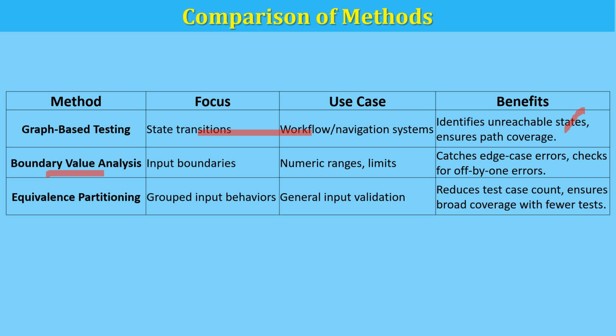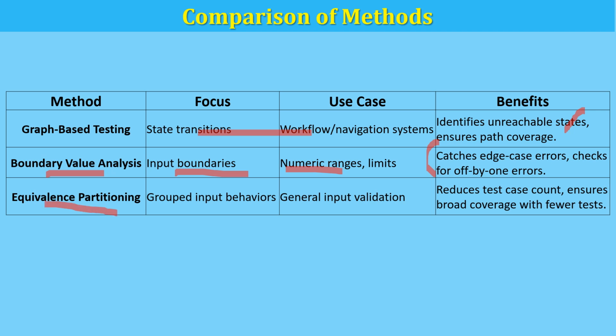Boundary value analysis is primarily useful when dealing with input limits such as numeric ranges or other fields where there are clear start and end points. It helps catch edge case errors that may not be evident with regular testing.